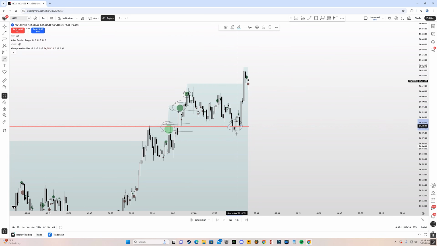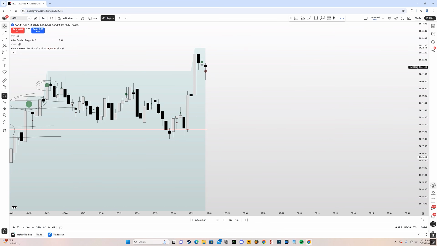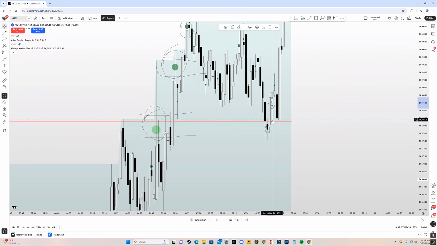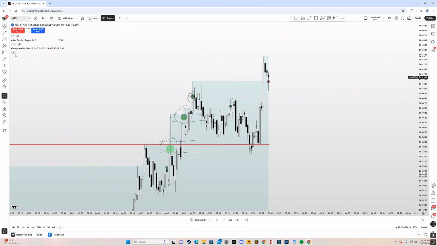We came back, tested this, we consolidated above the value area high, building a new value, right? And then finally, on the 1 minute, you can clearly see at the retest of this level, we had absorption of sellers, right? And then we finally have a break.